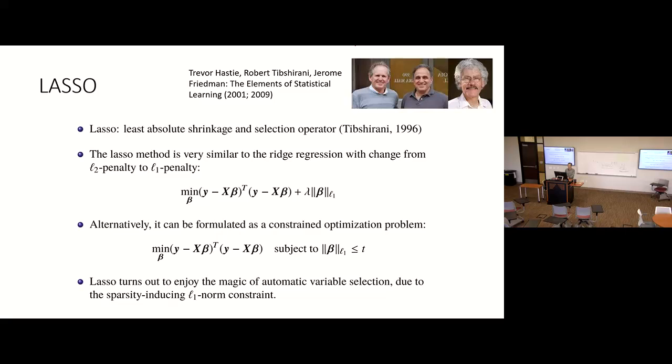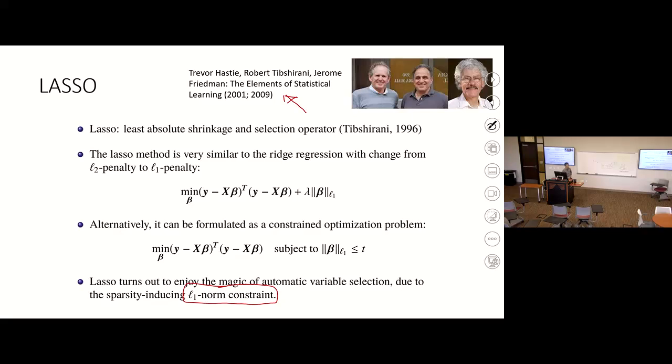The lasso method was proposed in 1996 and then put in the very famous textbook, The Elements of Statistical Learning, and became popular. This is to solve the problem of overfitting in the linear regression coefficients. It uses an L1 norm constraint.